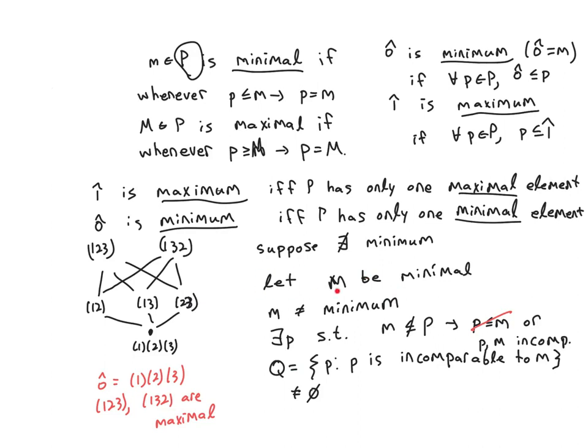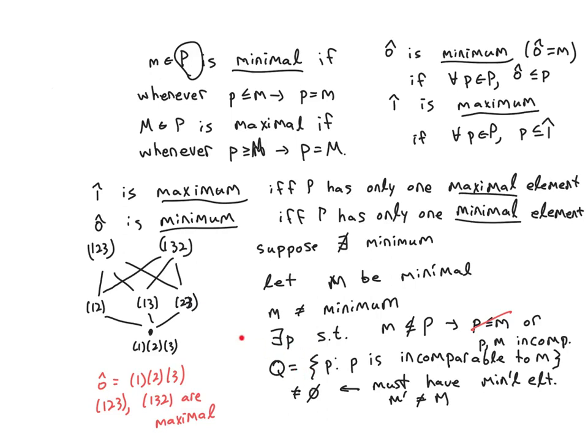And I already claimed every partially ordered set has to have a minimal element, so it must have a minimal element, say M prime, and in particular, by definition, M prime is different from M, so you found at least two minimal elements. So that proves the converse.